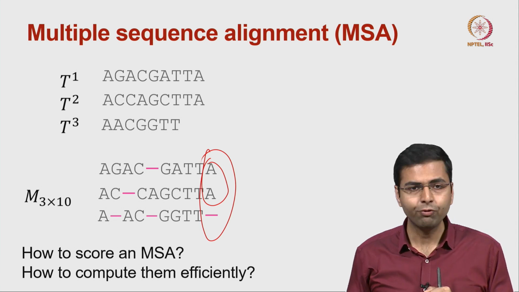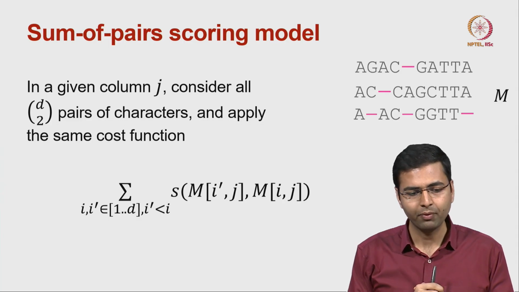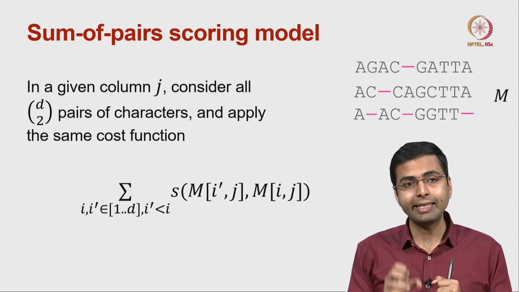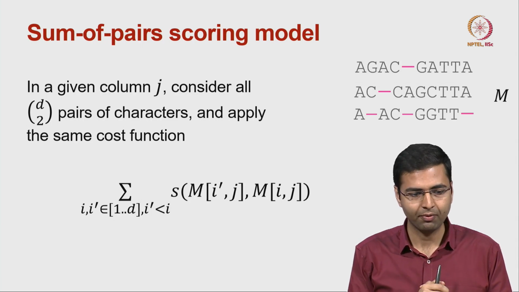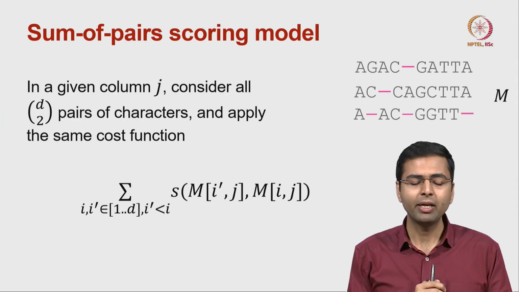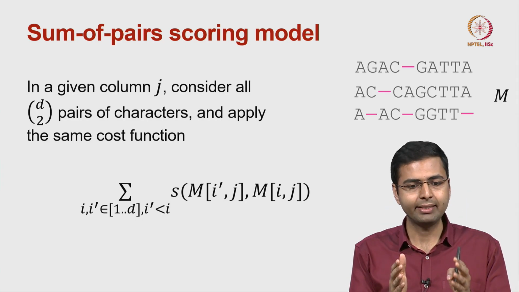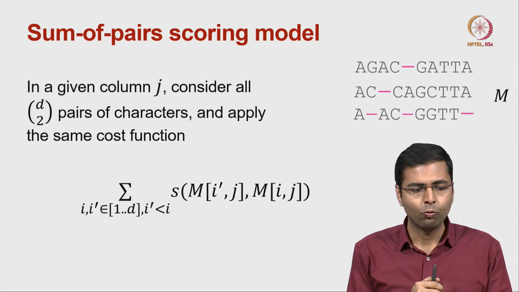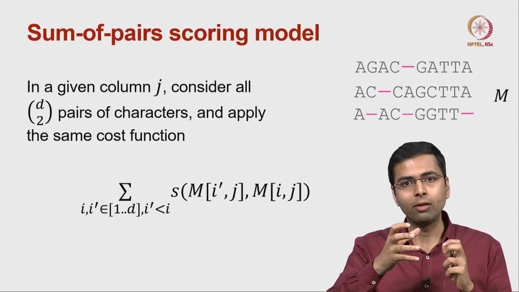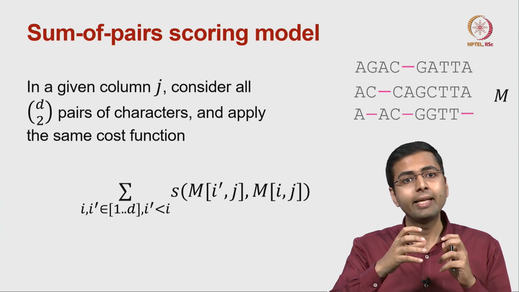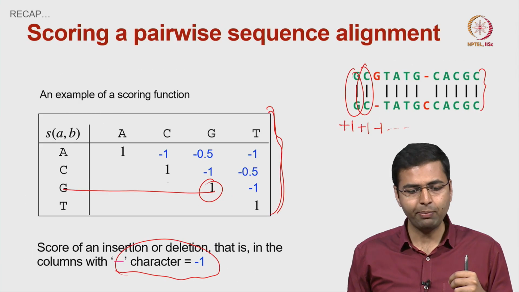So, let us look at the first scoring scheme, which is known as the sum of pairs scoring model, in which we will directly extend what we have seen for pairwise sequence alignment to multiple sequences. Here, let us consider any column j of the matrix M. We will consider all d choose 2 pairs of characters in that column, and then we will apply the same scoring function that we were using for the pairwise sequence alignment.